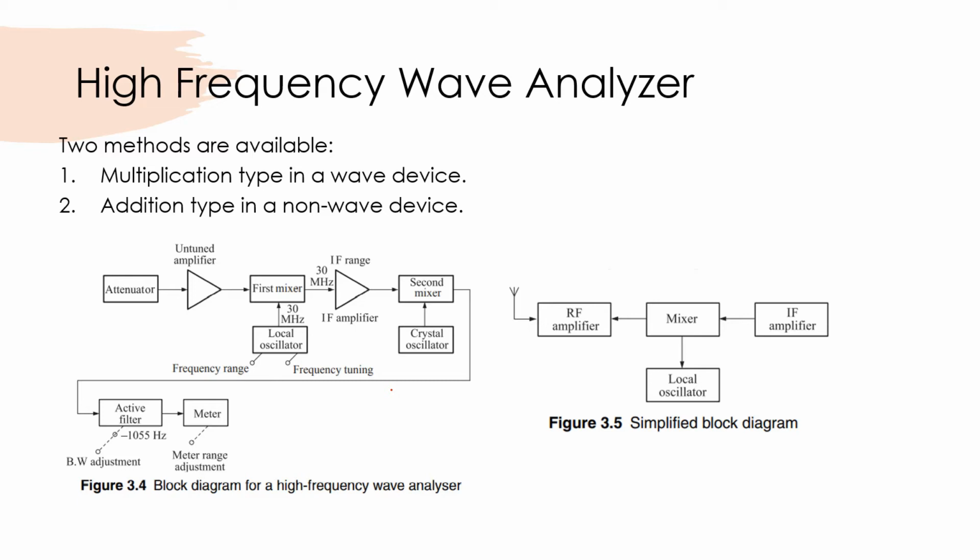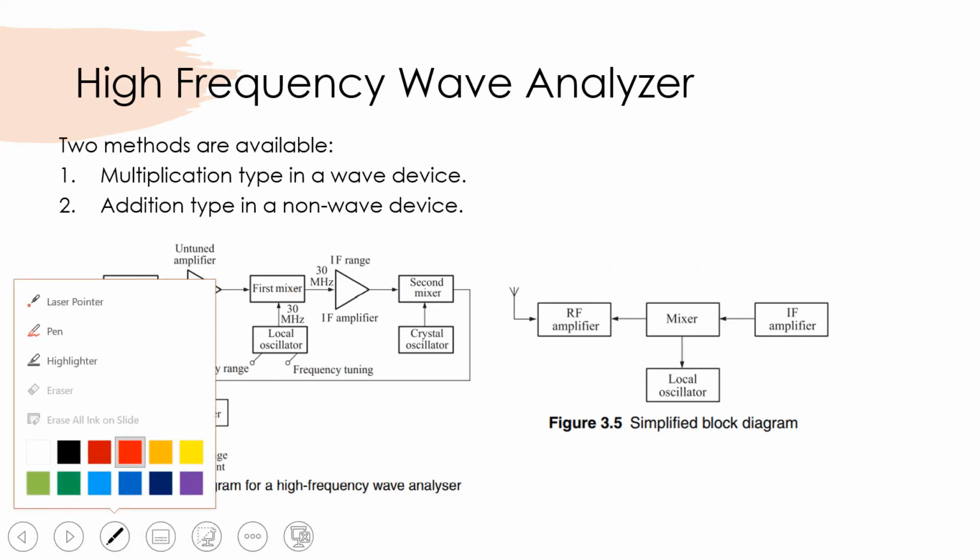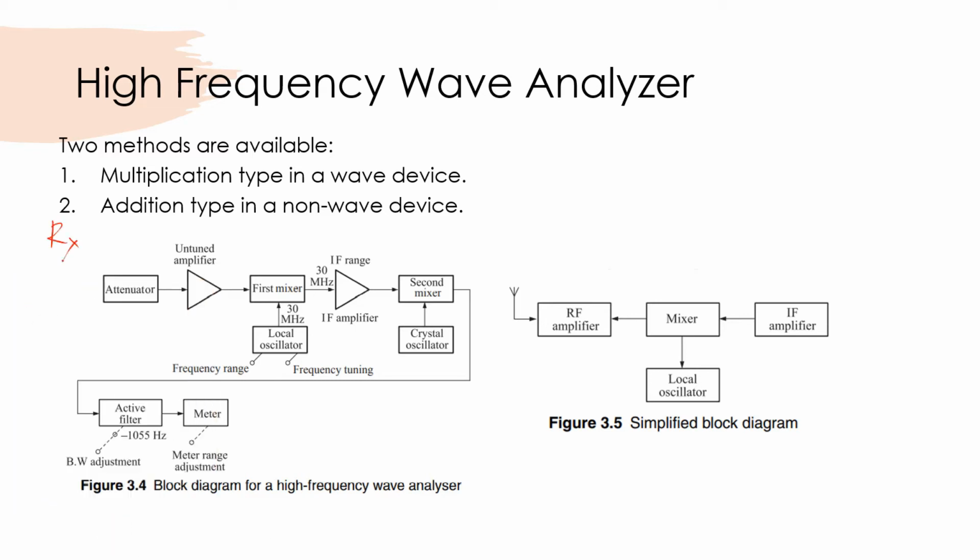So we have the mixer here. This is the mixer, and this is the receiver, RX. Coming from this attenuator is the RF signal, and then we have the local oscillator here. We mix the RF and the frequency of the local oscillator, and here is 30 megahertz, to get the IF frequency here.